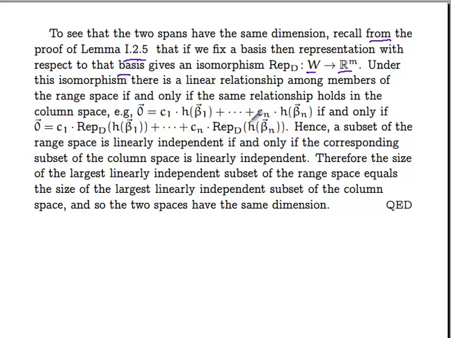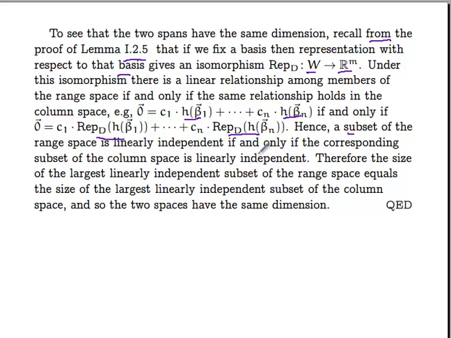That's expressing that if we have a linear relationship between vectors in W, then it must be true that the same linear relationship holds between representations of those vectors. It follows that a subset of the range space is linearly independent if and only if the corresponding subset of the column space is also linearly independent.